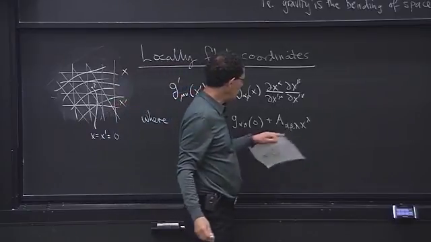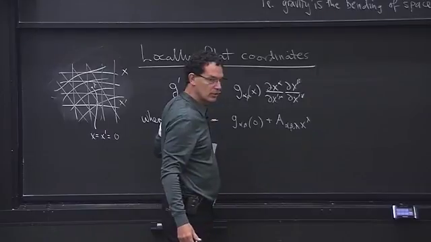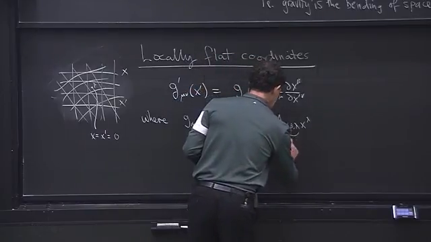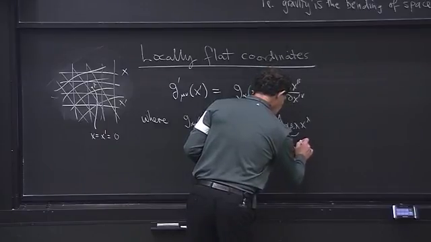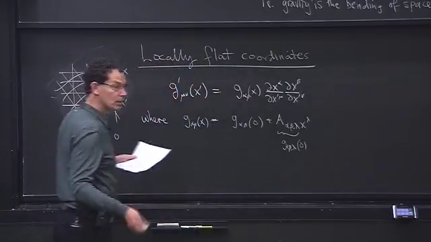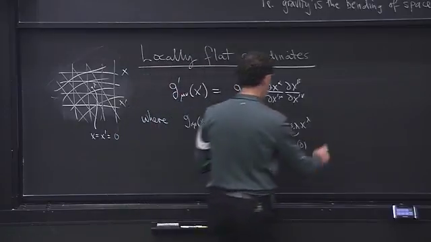When you expand it around a point, the function is given by the first derivative of this function at that point. So this is equal to g alpha beta comma lambda evaluated at 0, but it's a constant. The derivatives of the function are just a constant at that point.